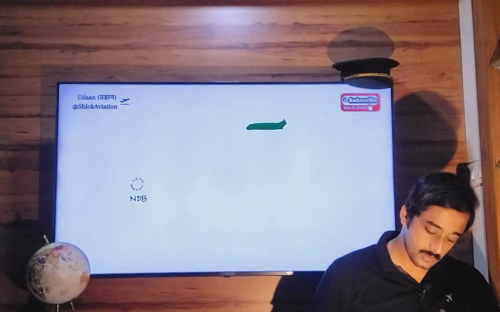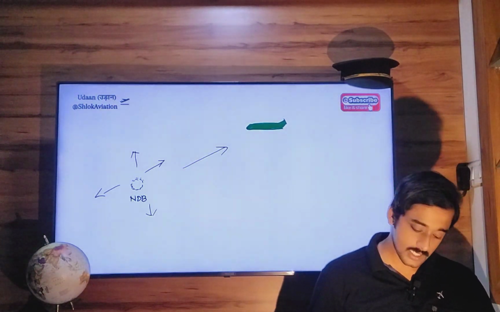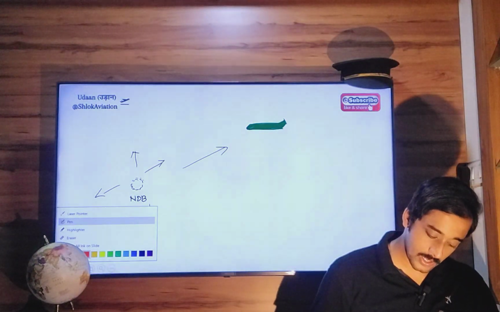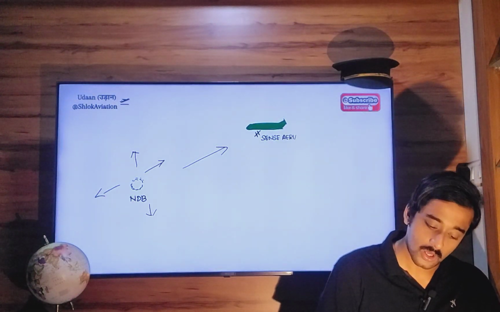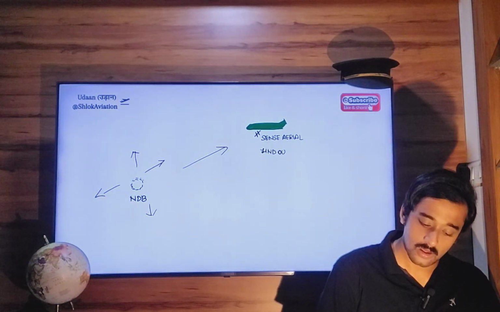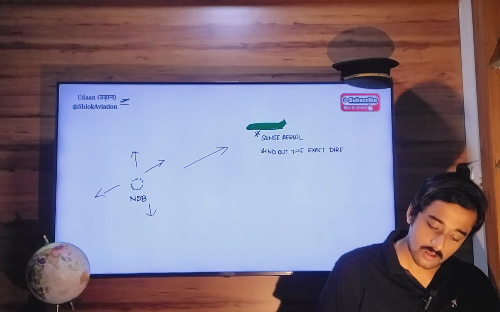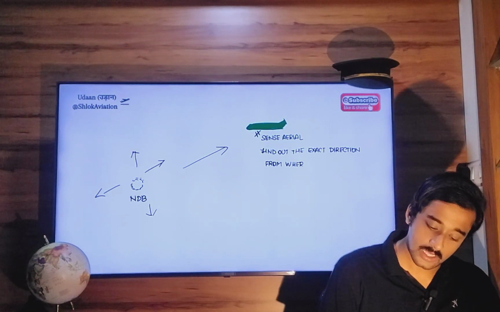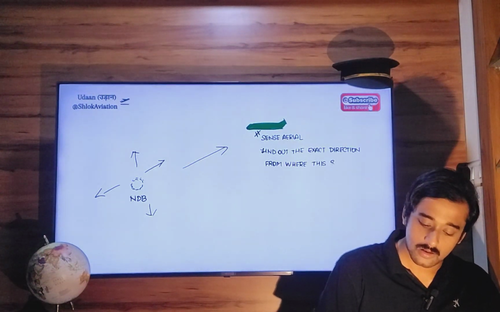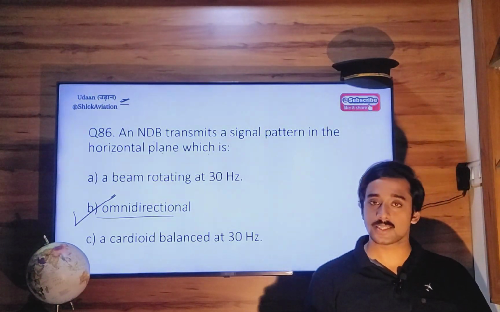It is the job of the sense aerial located on your aircraft to find out the exact direction from where the signal is originating. Okay, so omnidirectional is the answer.